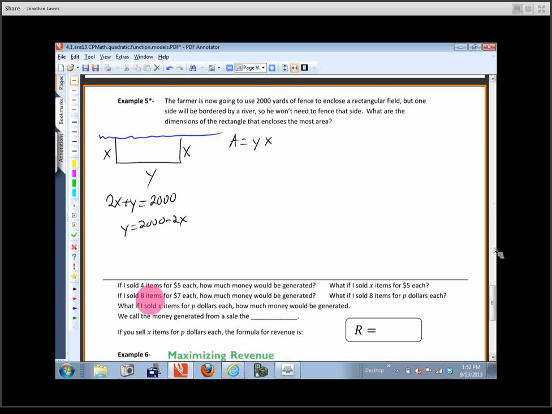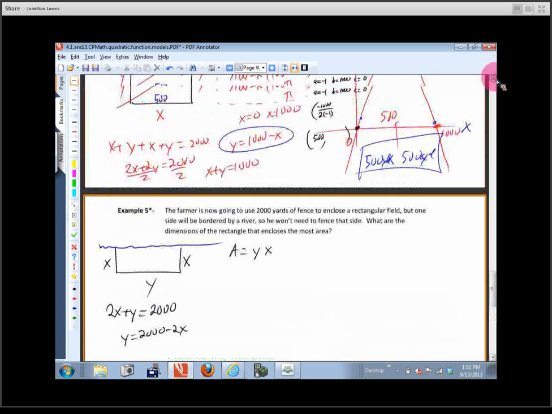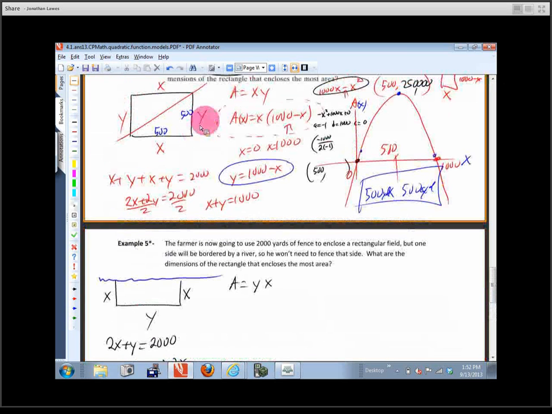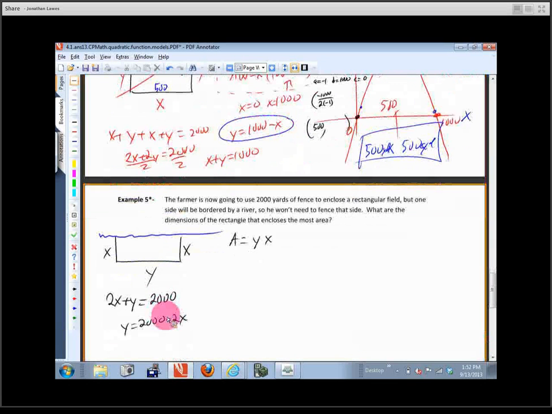Just like up above where we had 1,000 minus x, if the 2 of these together make 1,000, if I know what x is, then y's got to be whatever's left of 1,000, 1,000 minus x. What we're saying on this problem is, if I know what x is, I've used 2 of those. So whatever I've got for y is going to be what's left of the 2,000 once I take out the 2x. 2,000 minus 2x.